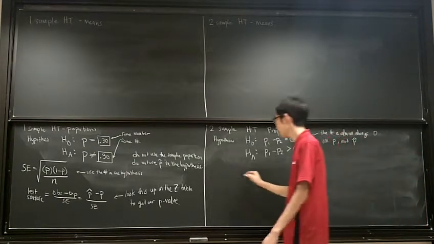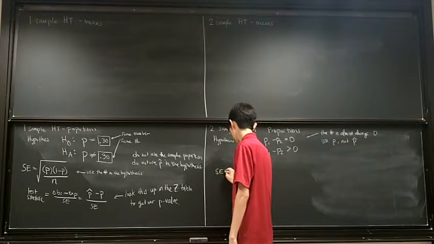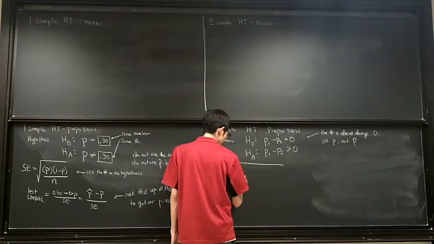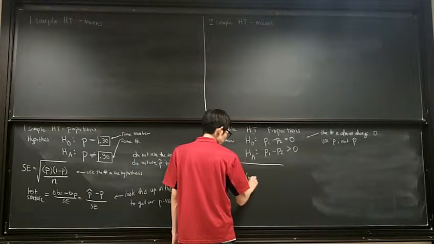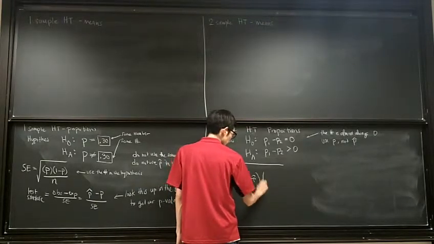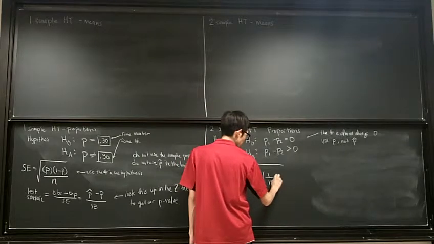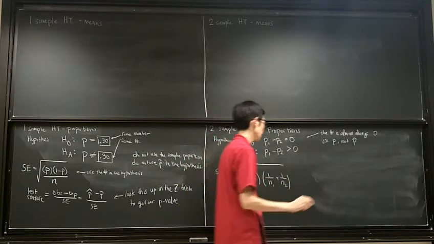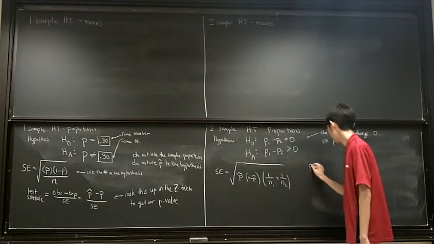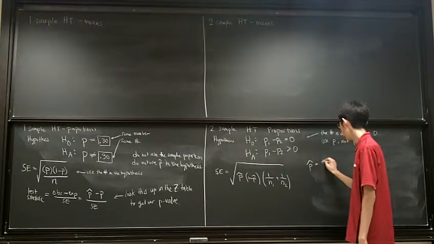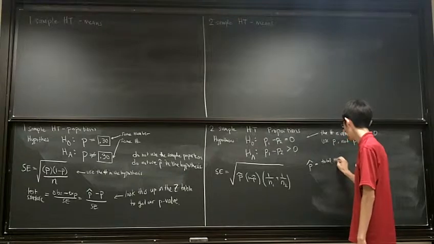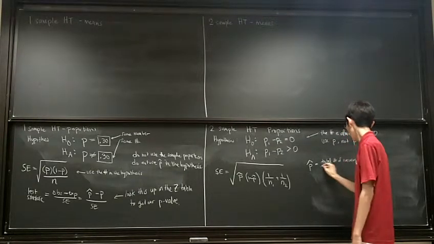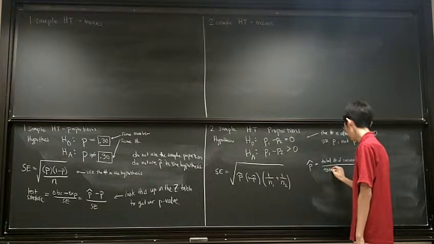Our standard error is the square root of p hat times 1 minus p hat times 1 over n1 plus 1 over n2, where p hat is equal to the total number of successes divided by total observations.